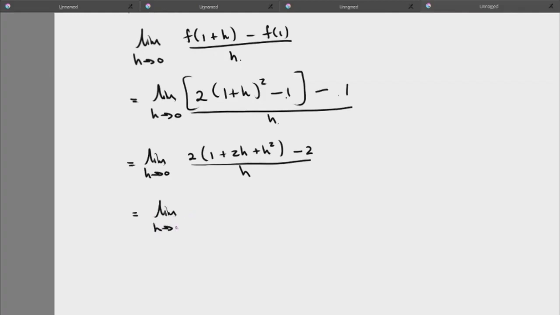This is something that is going to take a while, even for this simple polynomial. Now I multiply the 2 in, I get 2 plus 4h plus 2h squared minus that last 2, all over h. While I'm simplifying the numerator, you have to write limit every time. You have to put it all over h. Those things are just waiting for me to be done with the simplification.